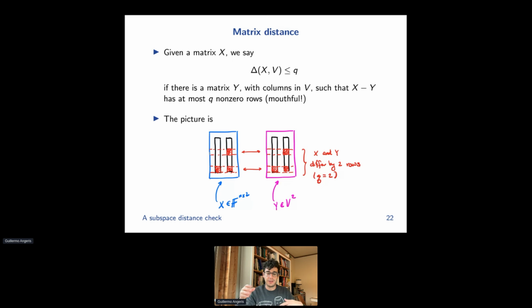So we have our X, we have our Y, whose columns belong in the vector space. And then we ask, how many rows differ between X and Y?